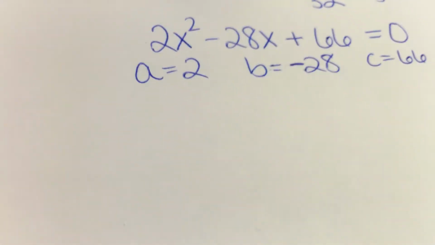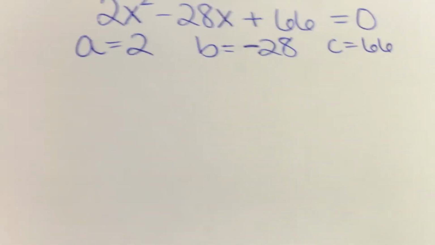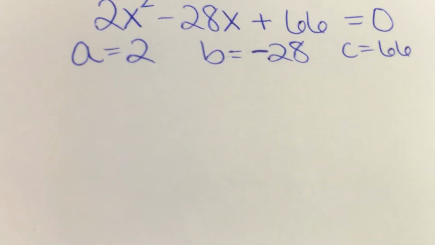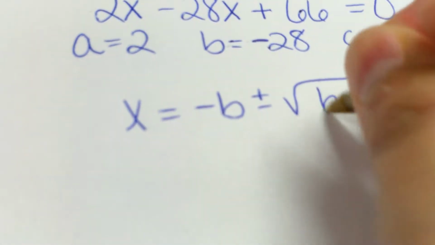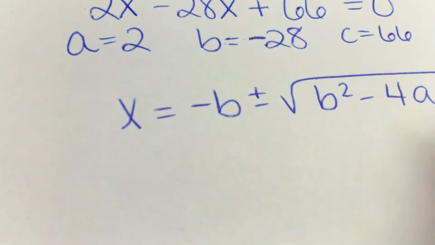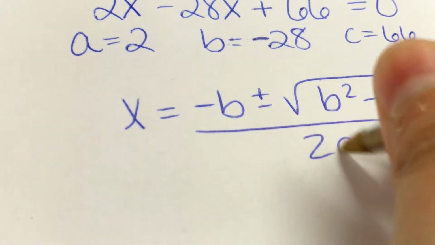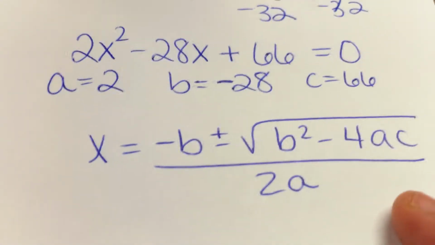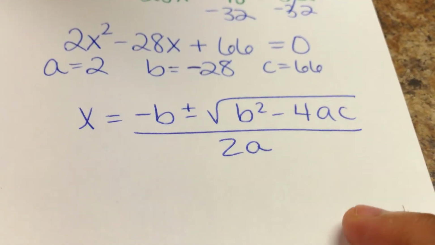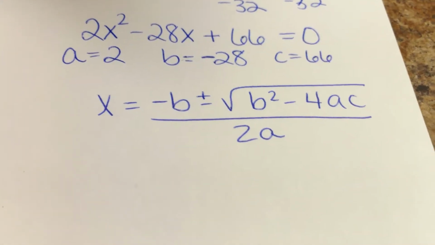So using this, we're going to plug it into the quadratic formula. X is equal to negative b plus or minus the square root b squared minus 4ac all over 2a. So we're going to plug in the numbers there. Sorry if I'm moving the camera a lot.